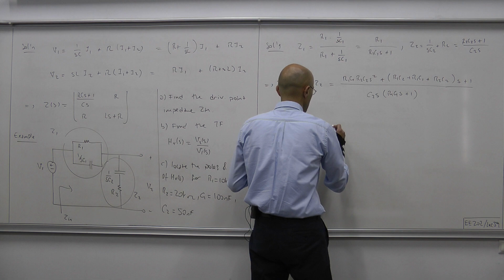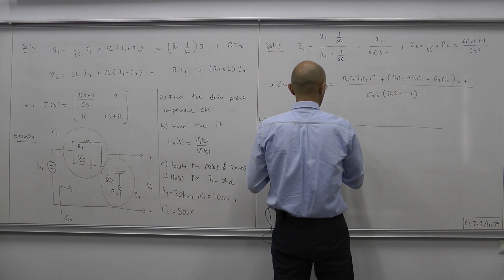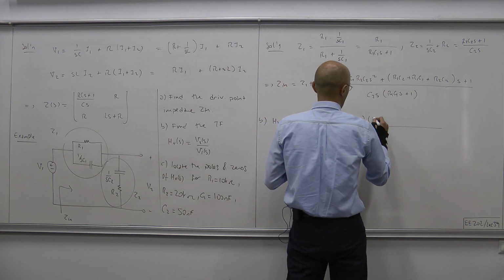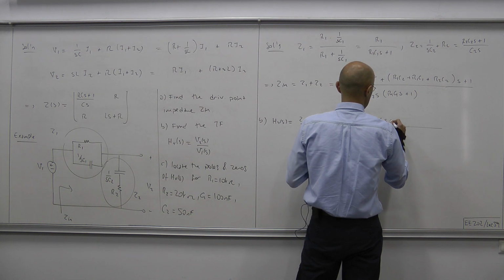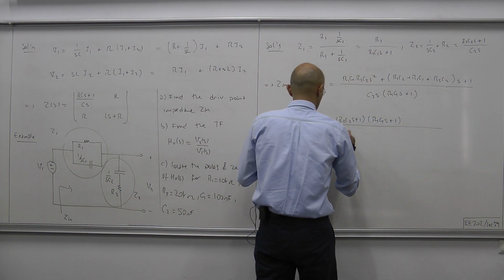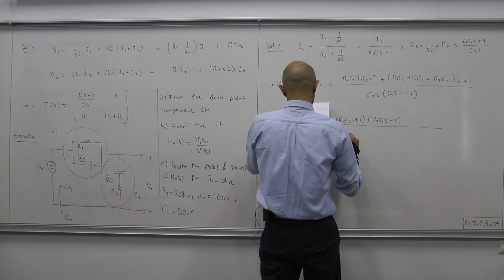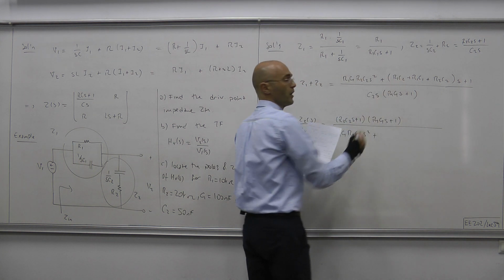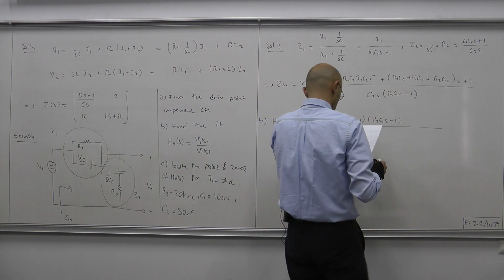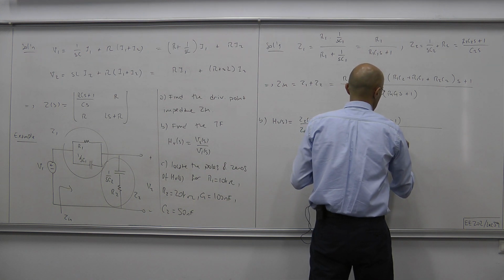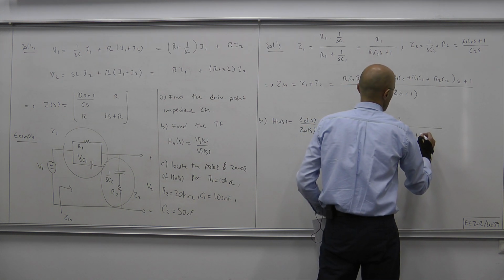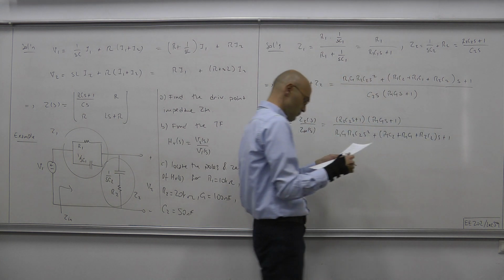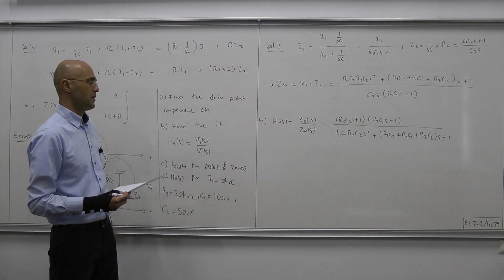And that reads the following: R2 C2 S plus 1, R1 C1 S plus 1, over R1 C1 R2 C2 S squared plus, for the numerator, R1 C2 plus R1 C1 plus R2 C2 S plus 1. Okay, so that's the transfer function.